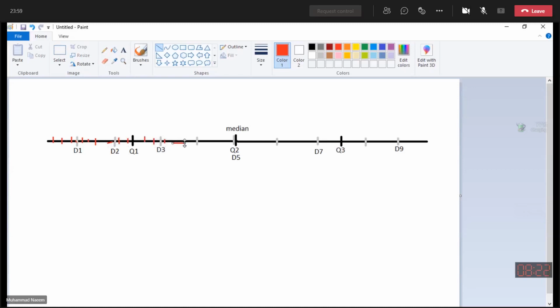So these 99 cuts are called percentiles, and we denote them by P1, P2, P3, P4, up to P99.